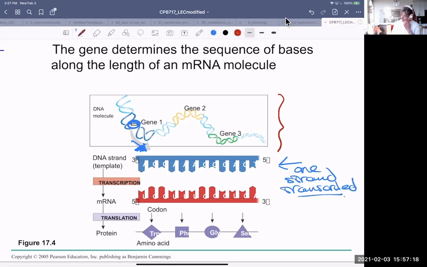And here's the messenger RNA molecule. ACC, UGG, etc. And then one of these is a codon that will translate into one amino acid. In this case, it's tryptophan, TRP. So each codon gets translated into one amino acid.